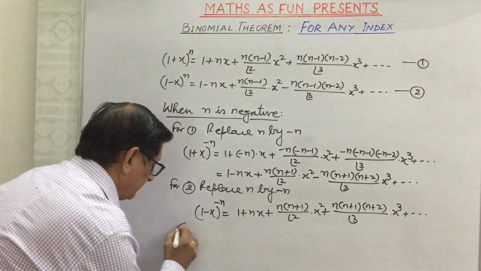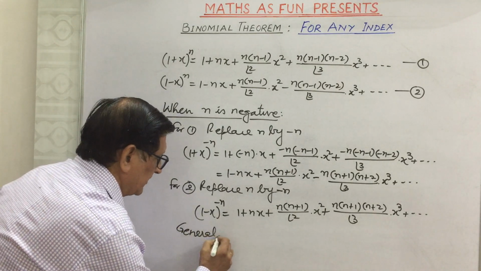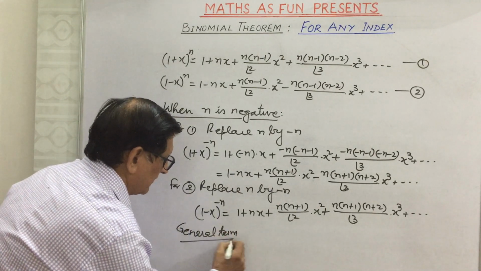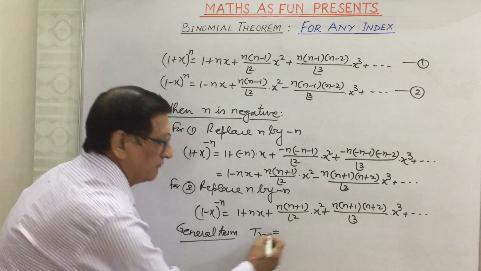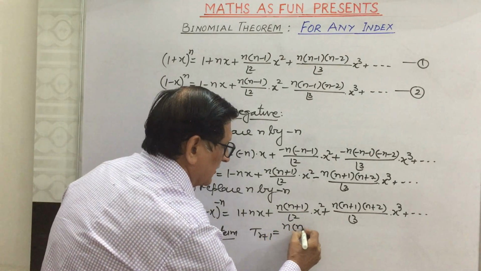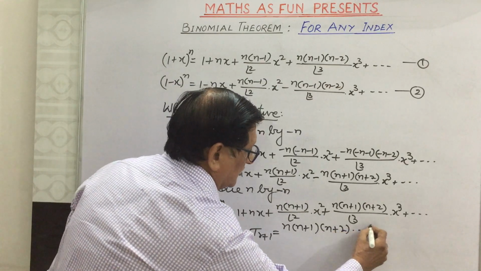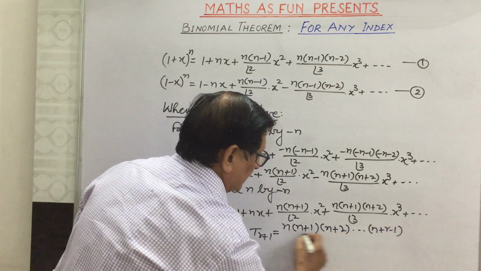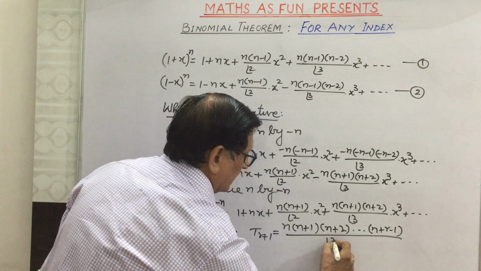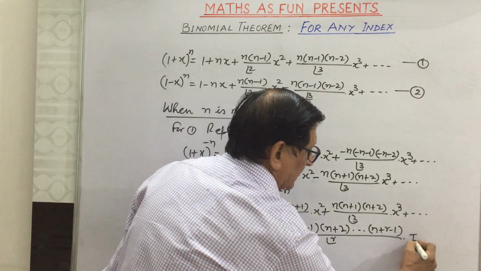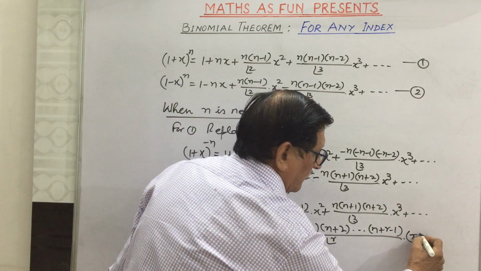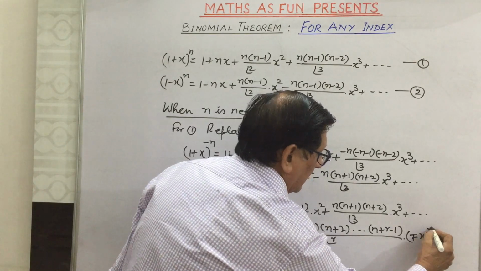And the general term in these cases will be t r plus 1, that is n into n plus 1 into n plus 2 into so on n plus r minus 1 upon factorial r into minus plus x power r.